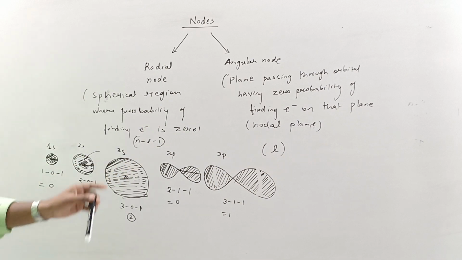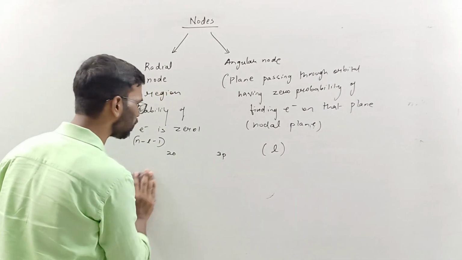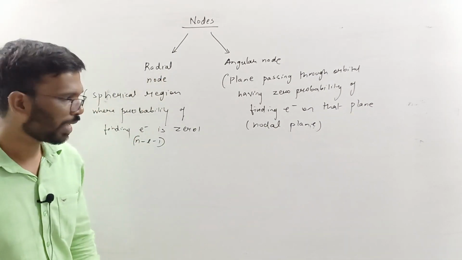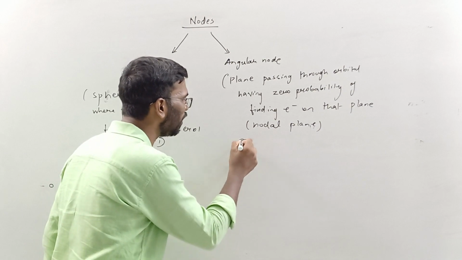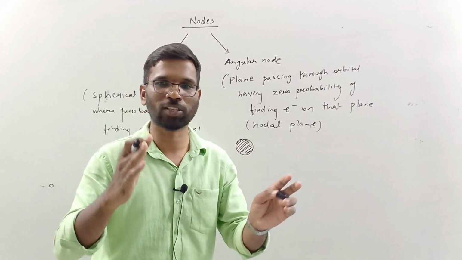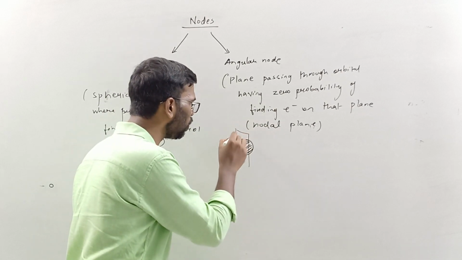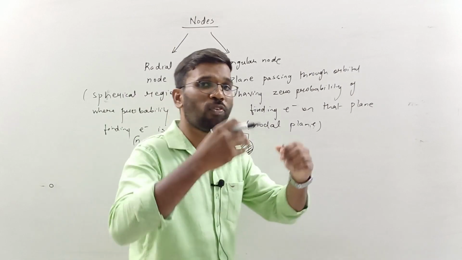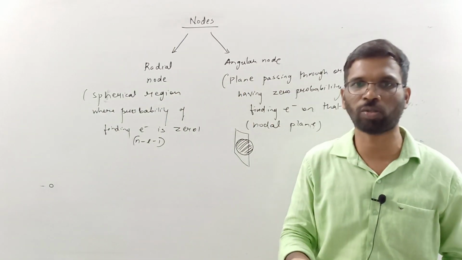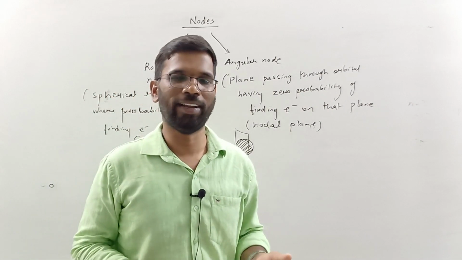Now coming to the angular node. For an s orbital, the s orbital is spherical, whether it is 1s, 2s, 3s, 4s, any s orbital. It is a spherical orbital, and if you try passing a plane through this, you won't find a single plane which will pass through it and have a 0 probability of finding the electron, right?